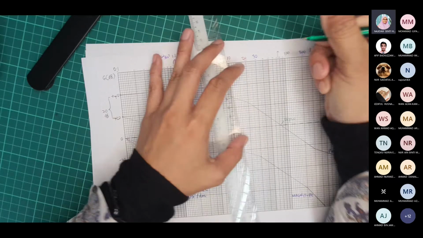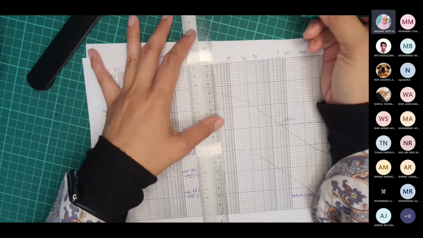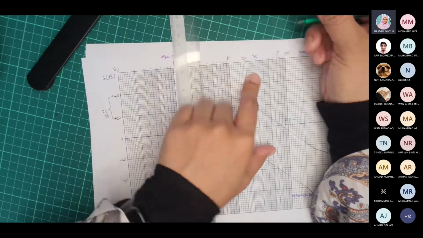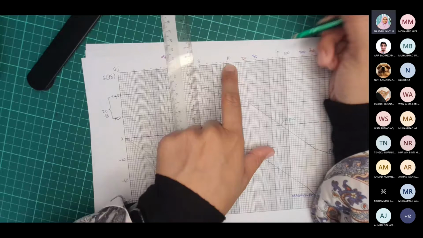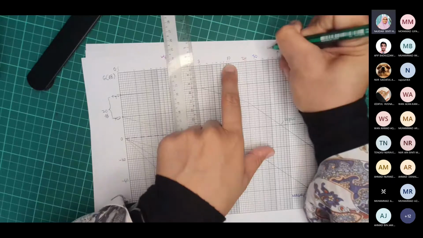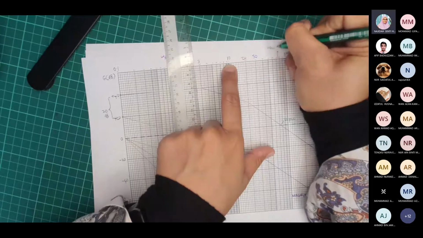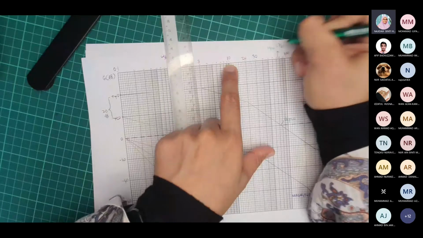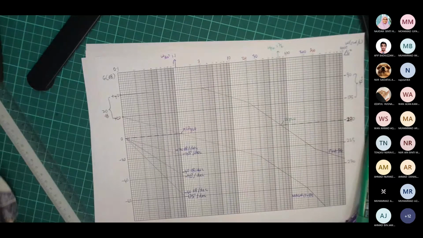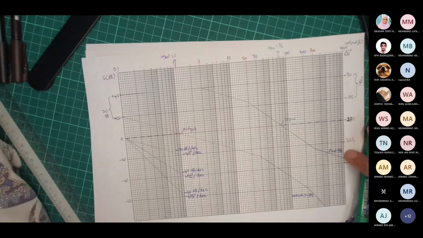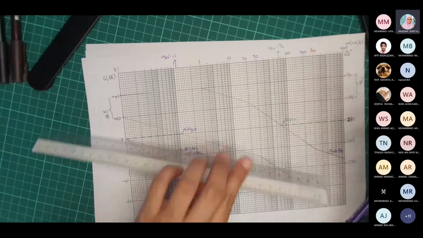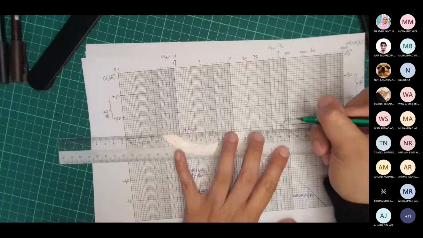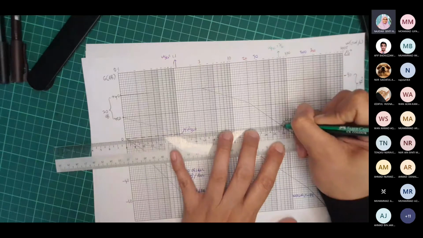Mine is 76. This is 10, this is 100. So this is omega PCO, 76 radian per second. How about yours? 80. Okay, acceptable. Same, 76.